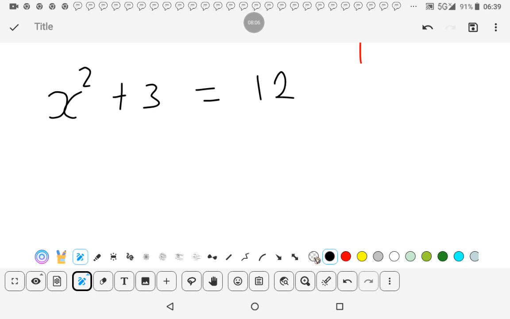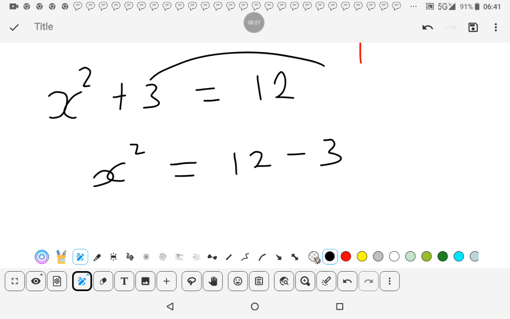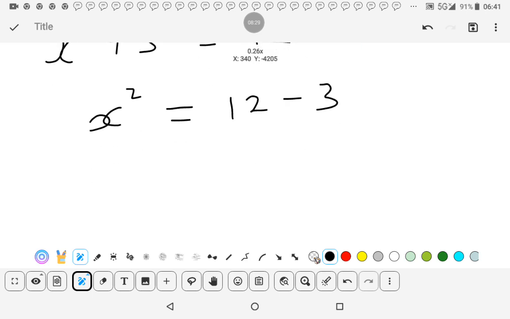You are going to solve it by first collecting like terms. 3 will come to this side, and x squared will be on the other side. So you will have x squared is equal to 12 minus 3, because when 3 crosses over, the sign has to change. So this will be x squared is equal to 9.